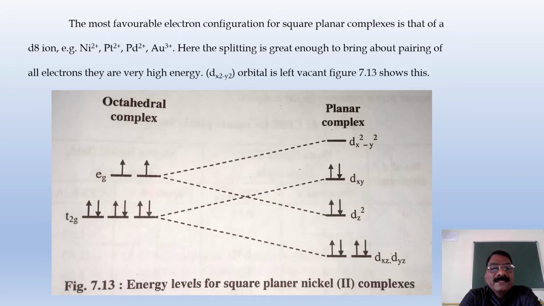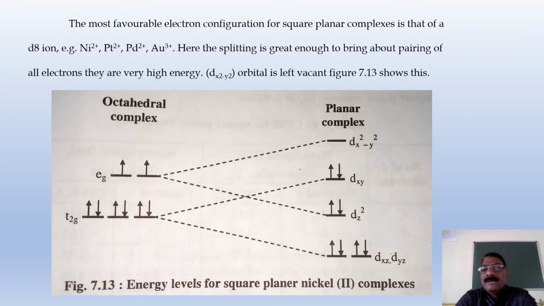See, when there is a d8 system, there are 6 electrons in t2g and 2 electrons in eg. But after splitting, the sequence in a square planar complex is lowest energy for dyz and dxz, then dz square, then increasing for dxy, and then increasing for dx square minus y square.